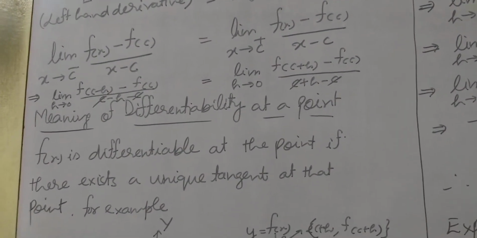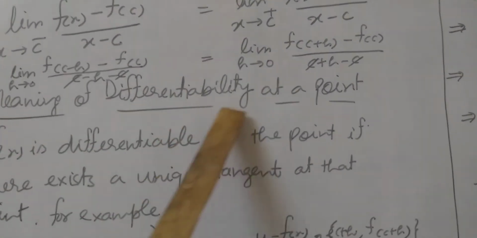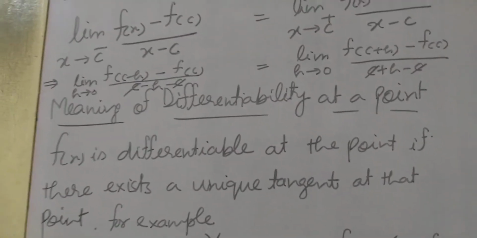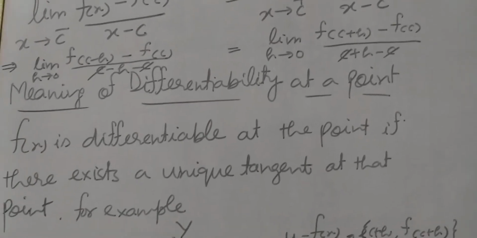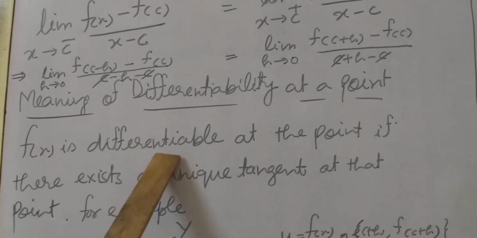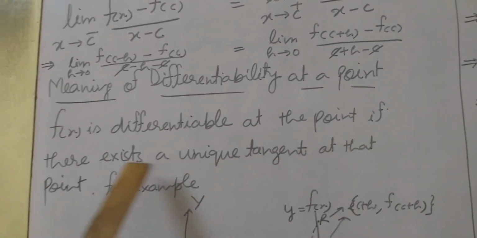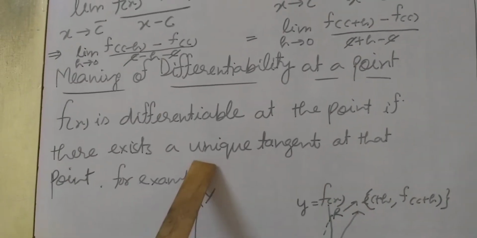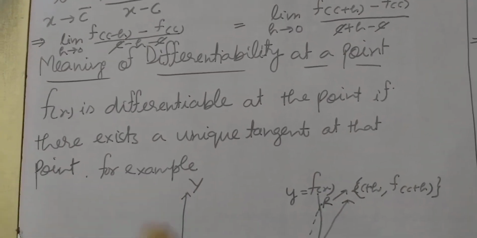Now, students, what is the meaning of differentiability at a point? By the help of a graph we can easily understand: f(x) is differentiable at the point if there exists a unique tangent at that point.